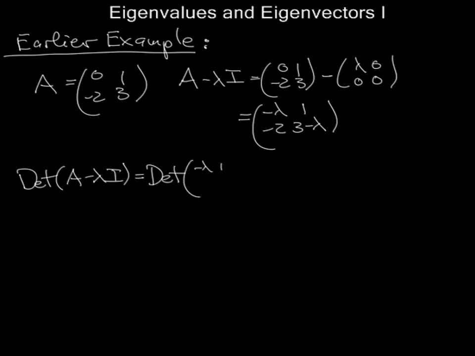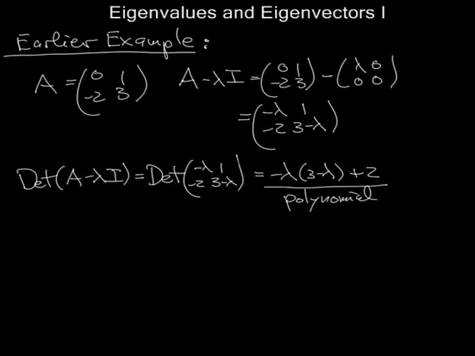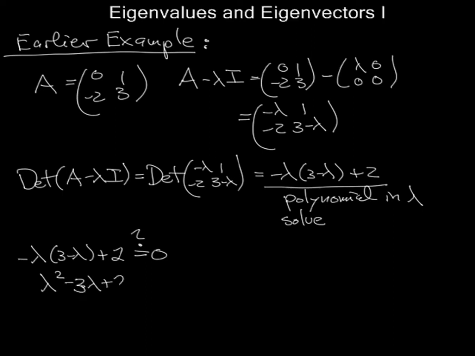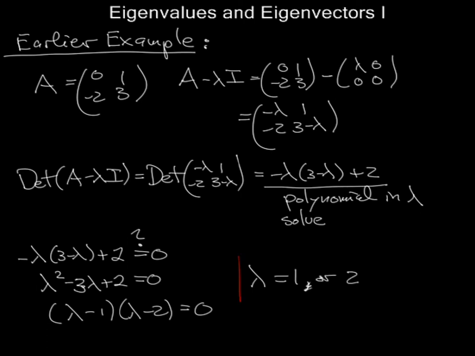You get minus lambda times 3 minus lambda plus 2. And that's a polynomial in this indeterminate lambda. So let's solve minus lambda times 3 minus lambda plus 2 is equal to 0. That's a quadratic equation. Lambda squared minus 3 lambda plus 2 equals 0. And that factors into lambda minus 1 times lambda minus 2. There you go. We just found these two eigenvalues, 1 and 2.